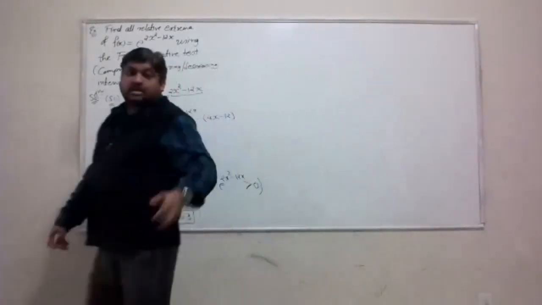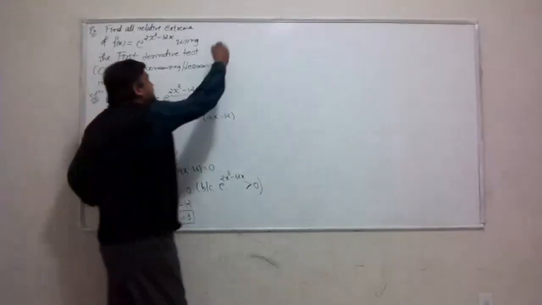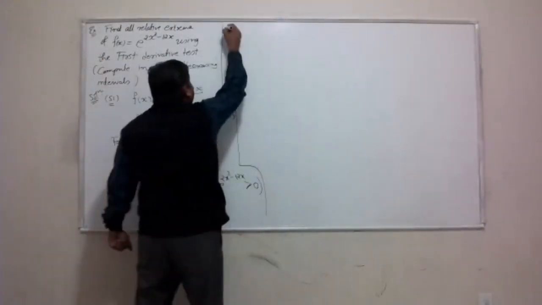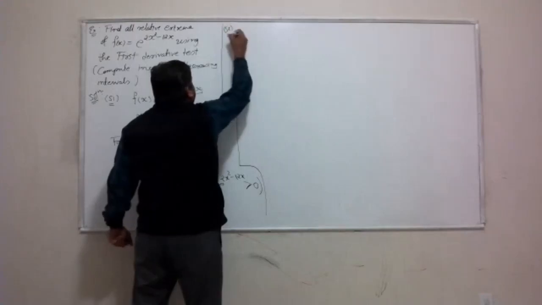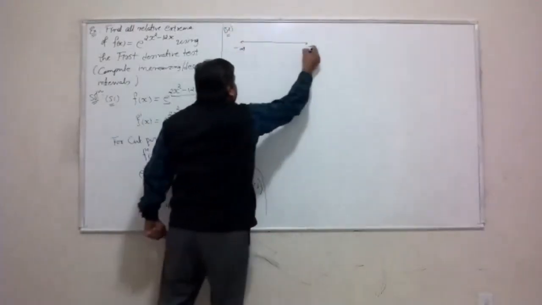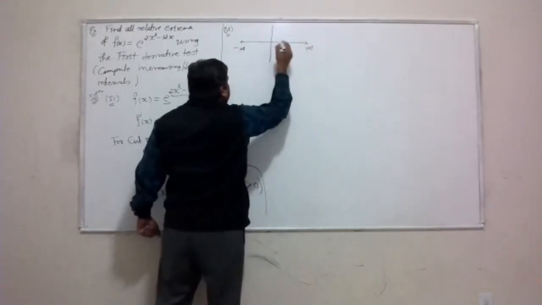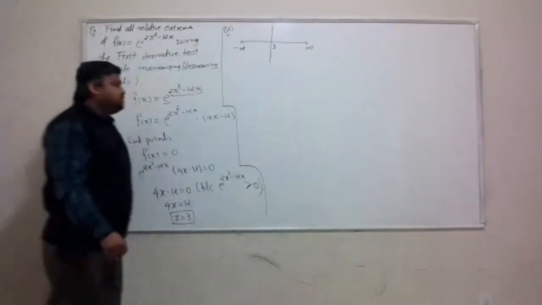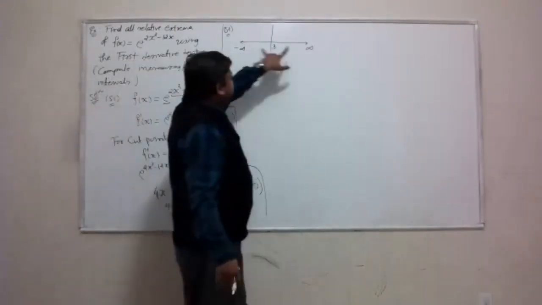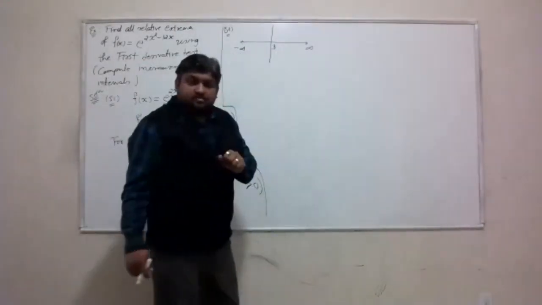First step is done. Step 2, puncture this cut point from the number line to get the test intervals. So my goal is to cut the number line by this cut point, x equal to 3. You see, the whole number line is divided into two pieces.